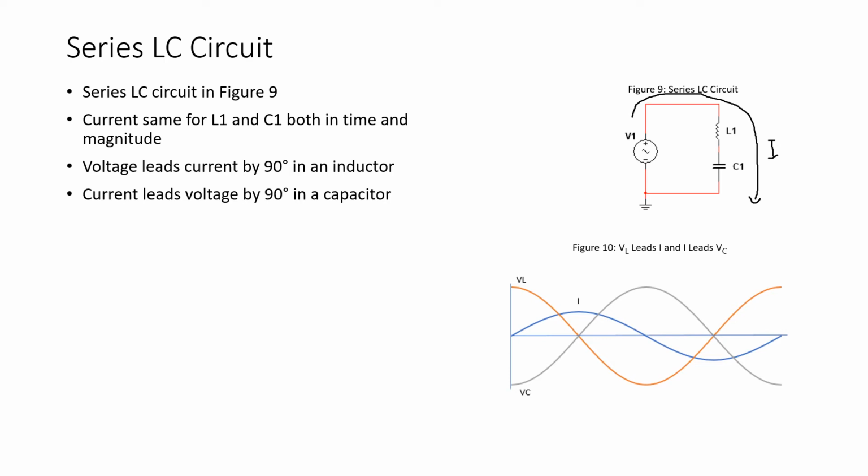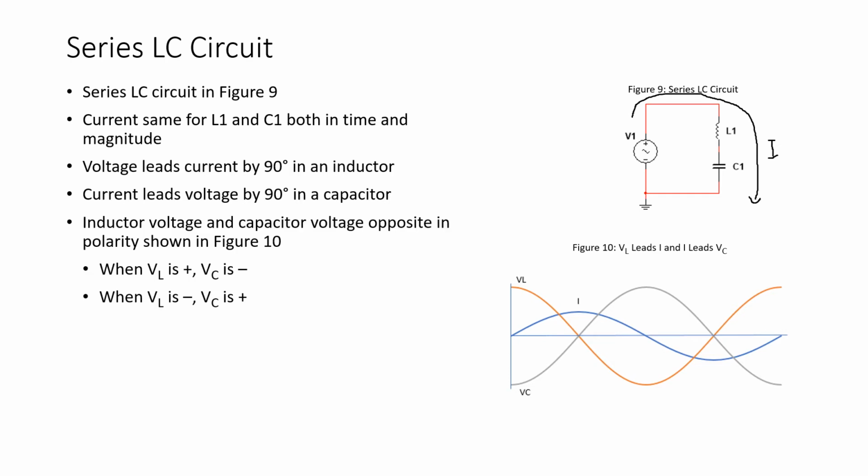However, recall from our discussion of inductors and capacitors that there's a 90-degree phase difference between voltage and current in an inductor and a capacitor. That voltage leads current by 90 degrees in an inductor, and current leads voltage by 90 degrees in a capacitor. So referring to figure 10, we see here that, of course, the inductor voltage happens 90 degrees ahead of the current in the circuit.